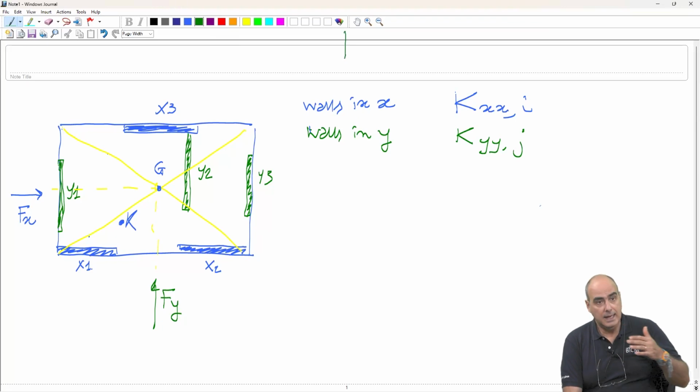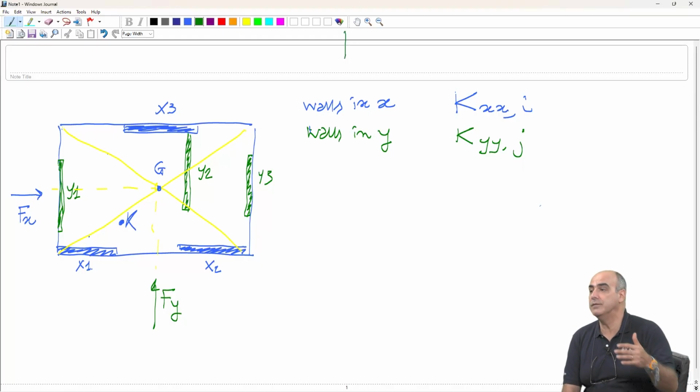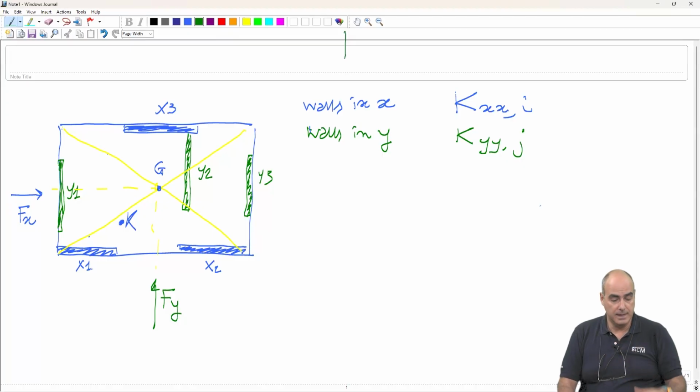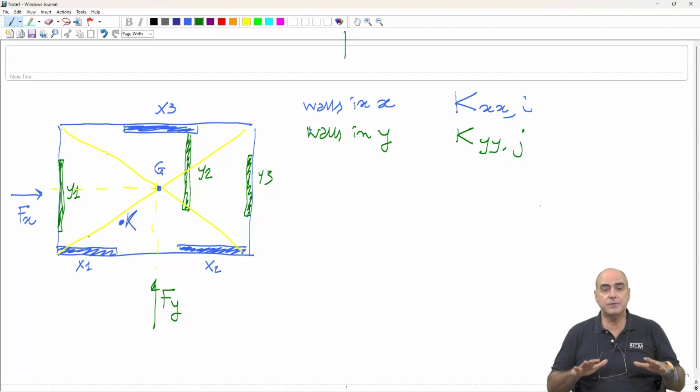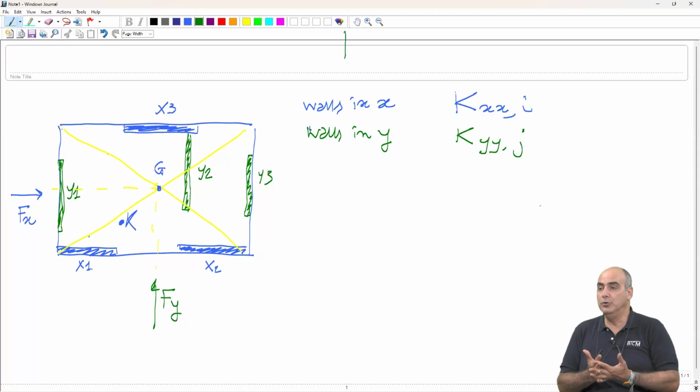So let us now start designing for Fx force. If an x force comes, okay, and we have said that the floor is infinitely stiff in its own plane, what kind of motion do you expect?